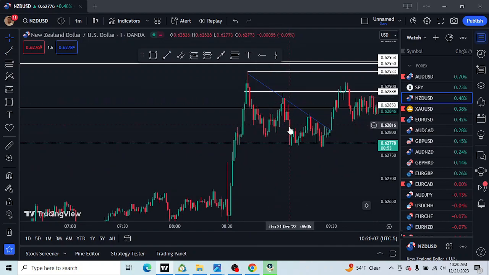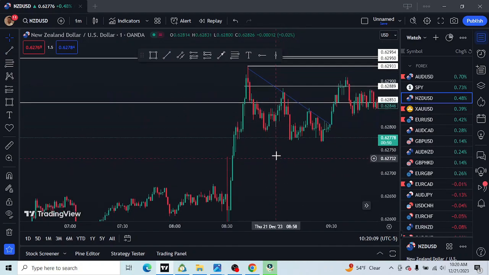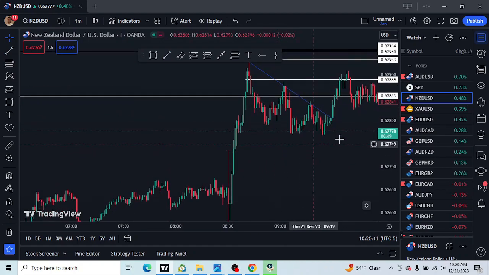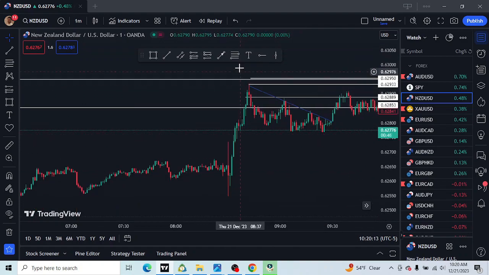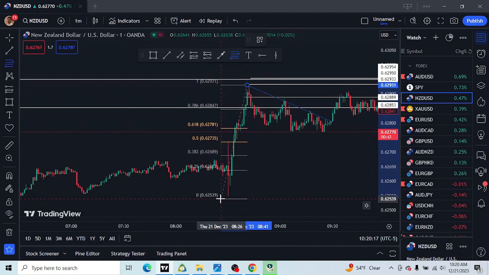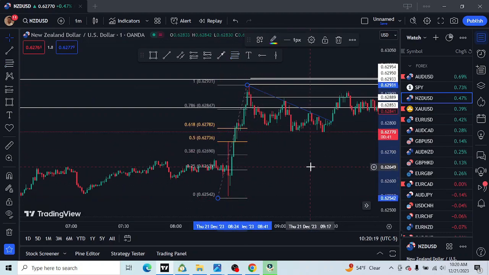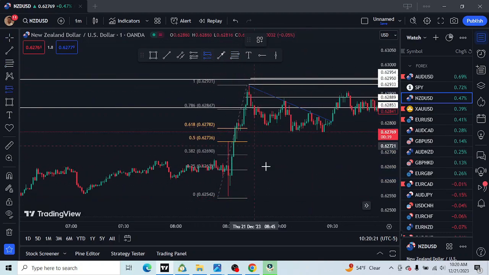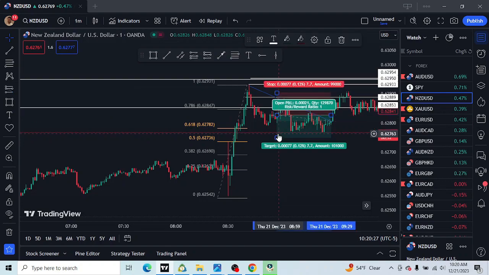Right? Not every attempt has to be the first one, but we want to give it room to breathe. So I'm going to allow this to pull back 50%. If it pulls back past the 50% mark on such a fast move, there's no reason for me to enter. Right? I get confirmation here. I'm just going to go ahead and take it. I would probably take it on this candle.